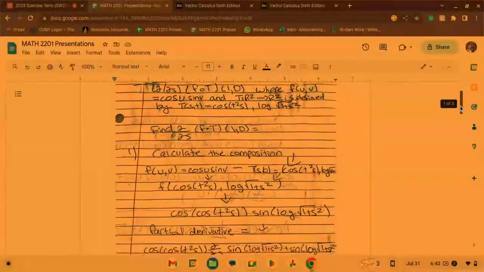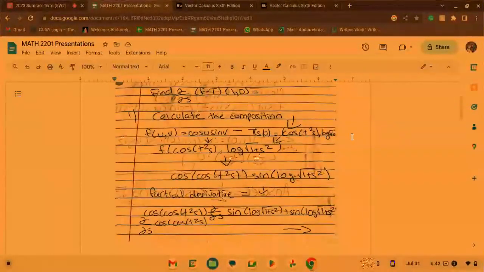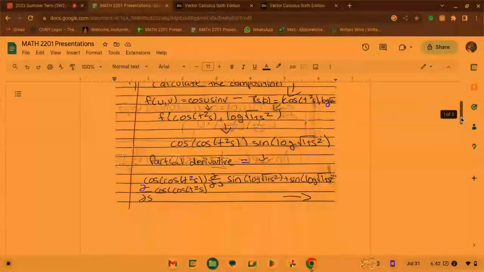We do the composition, and when we simplify, I got cosine of t squared s times sine of log of the square root of 1 plus s squared. So this is the composition that's done.